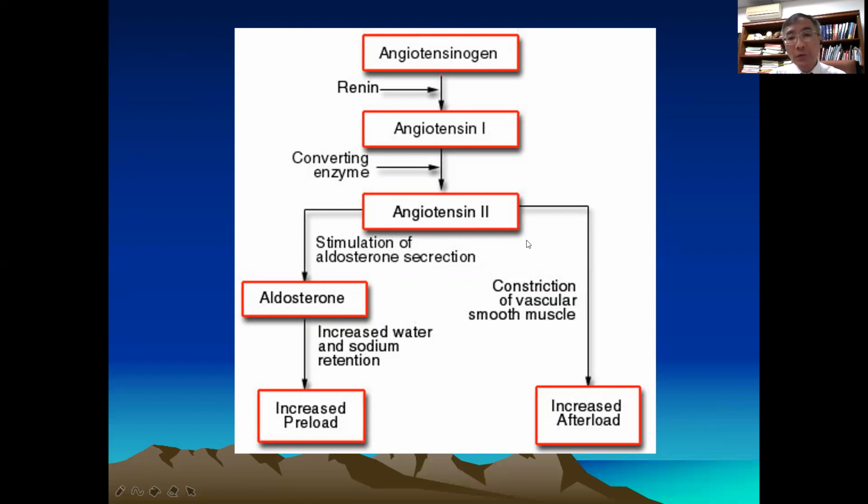Angiotensin 2 is a vasoconstrictor, leading to vasoconstriction, which will increase resistance, increasing afterload, elevating blood pressure levels. Angiotensin 2 also leads to the stimulation of the hormone aldosterone, which leads to water and sodium retention, and this also increases volume and therefore causes hypertension.